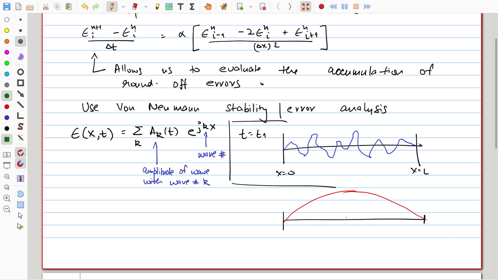And then I can have another wave which has got higher wave number than this. That's another wave, and so on, and then you can have very high wave numbers. For instance, something like this.